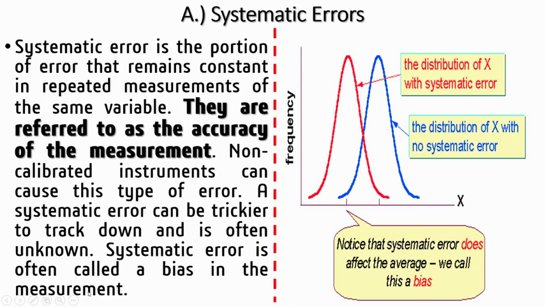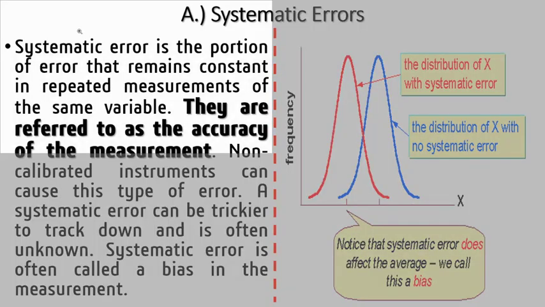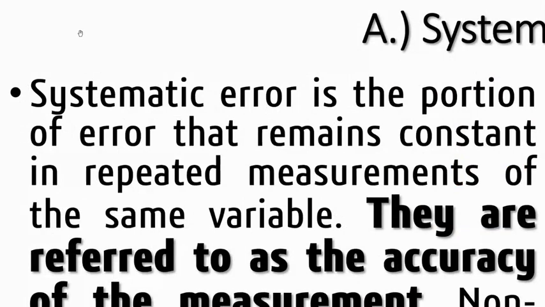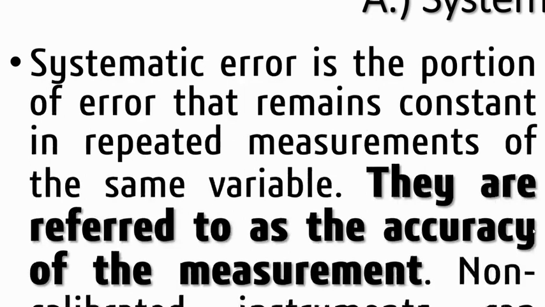Now, systematic error also is the portion of error that remains constant on repeated variables. In other words, this error keeps occurring as you're measuring using that measuring device.